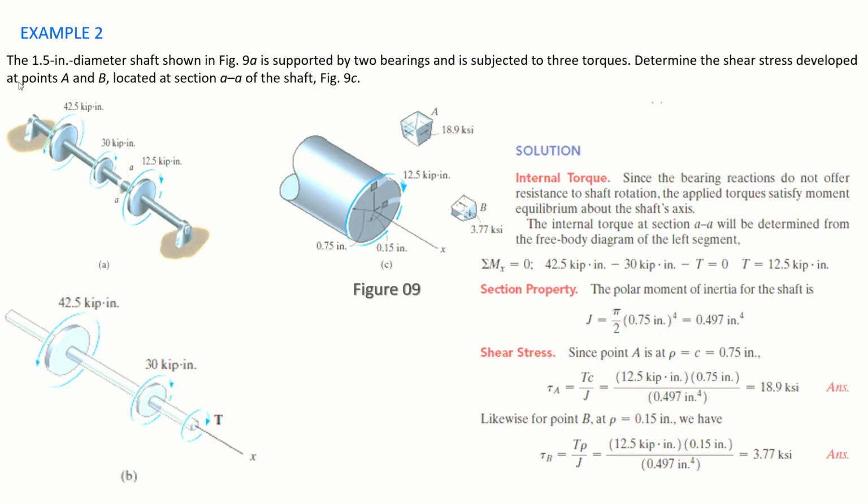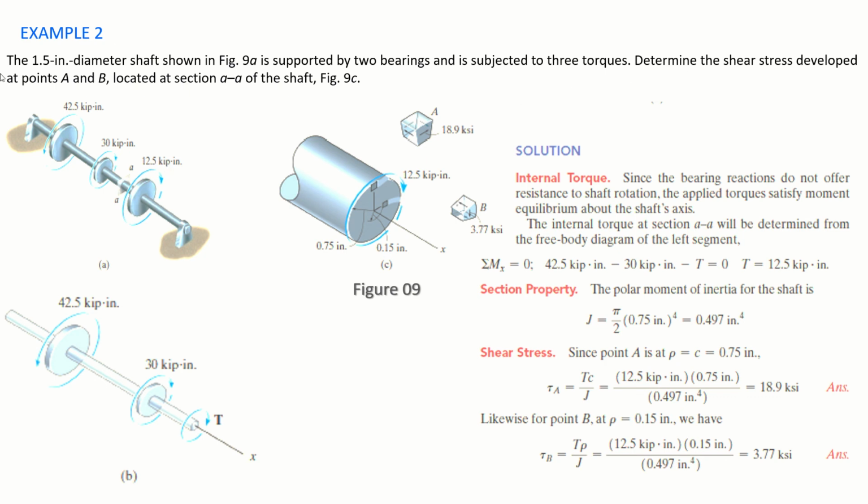The second example is about a 1.5 inch diameter shaft shown in figure 9a. This is 9a, supported by two bearings. There are two bearings, right? And is subjected to three torques. Torque number 1 in anti-clockwise direction of 42.5, torque number 2 of clockwise direction 30 kip, and torque number 3 is in clockwise direction of 12.5, right?